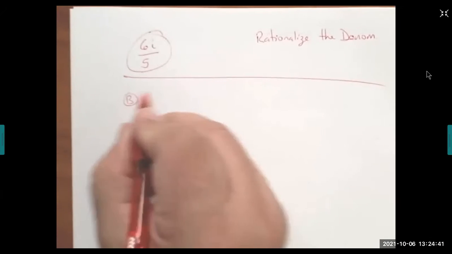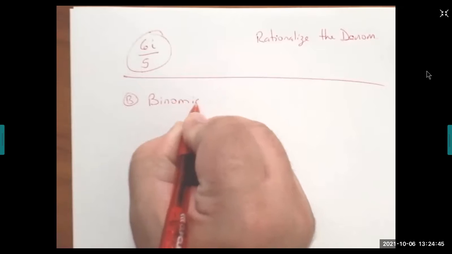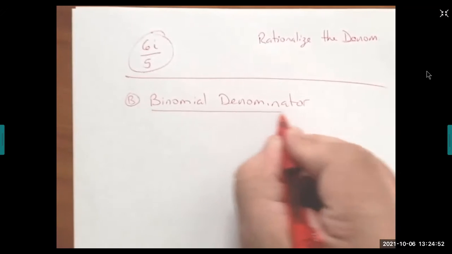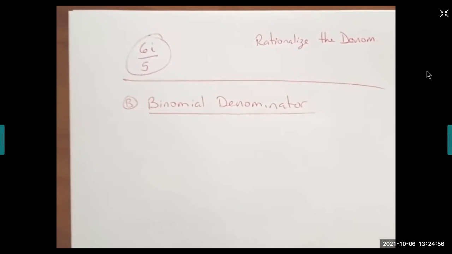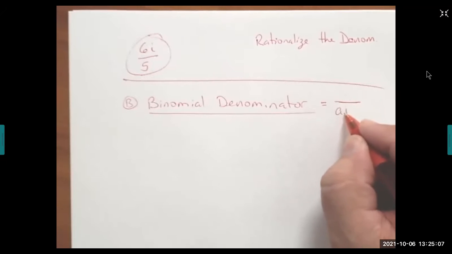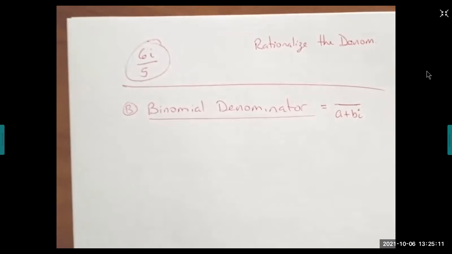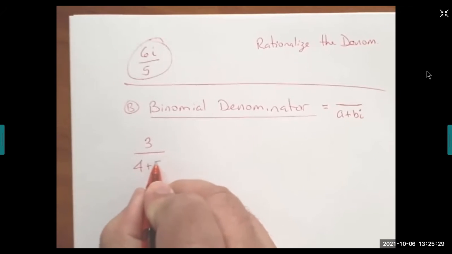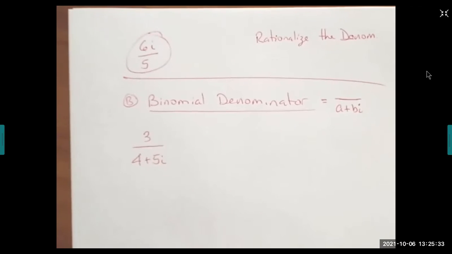All right, the second type, if we have binomial denominators, what that means is on the bottom of our fraction, we have a plus bi. For example, 3 over 4 plus 5i.